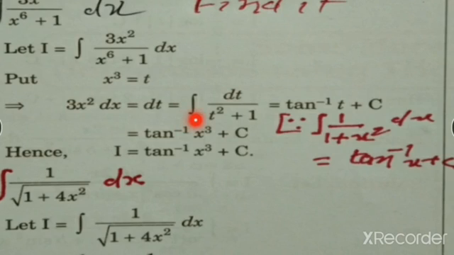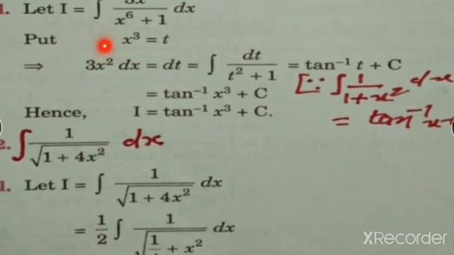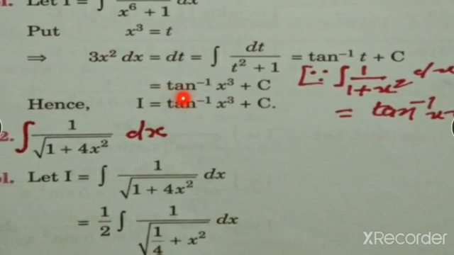Substituting, we get integration dt upon t square plus 1. Its integration is tan inverse t plus c, using the formula integration 1 upon 1 plus x square is equal to tan inverse x plus c. Substituting the value, tan inverse t means x cube plus c. Hence I is equal to tan inverse x cube plus c.